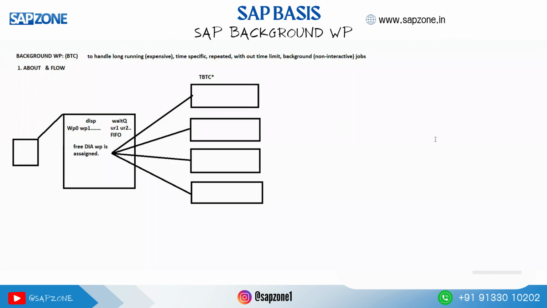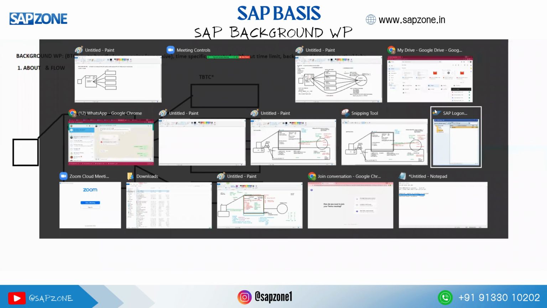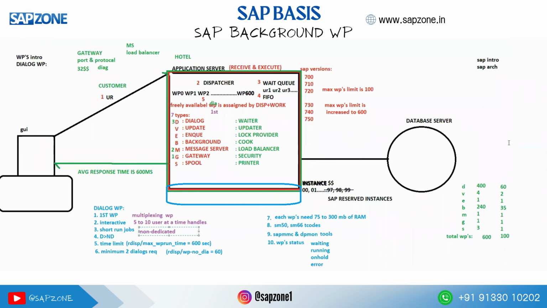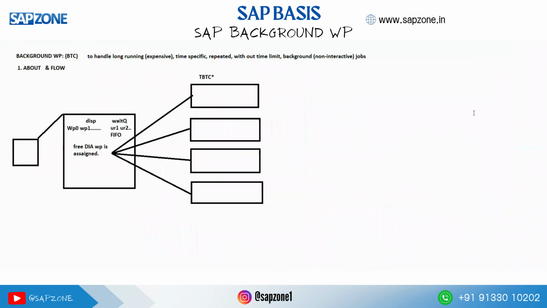The background work processes are also multiple. I think in the earlier session, out of 100 work processes, the dialogs are the highest at 60, and the second highest will be the background, say 35 out of 100. The same way here we have our background work processes: BTC work process 1, BTC work process 2, and so on.